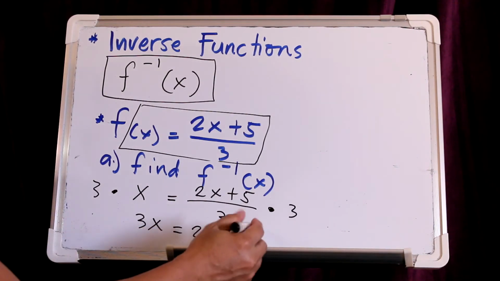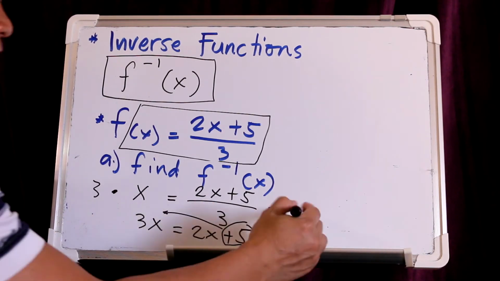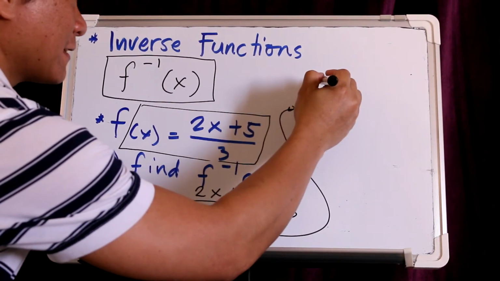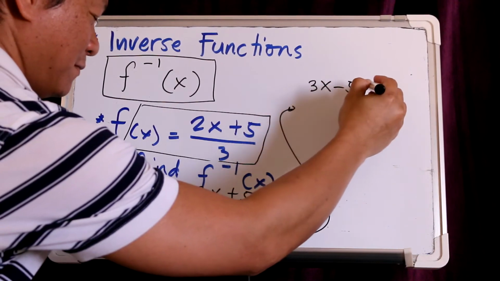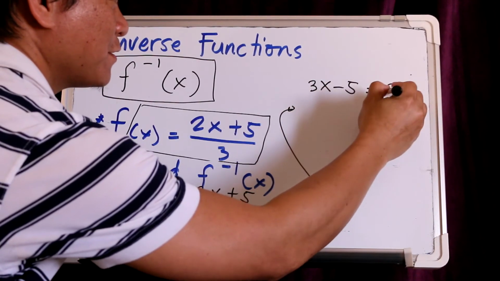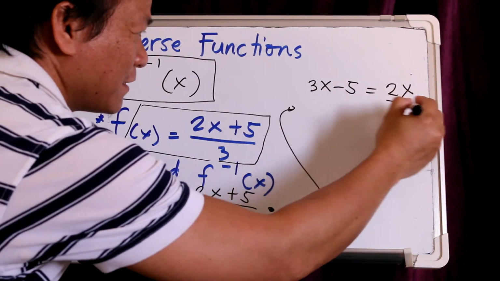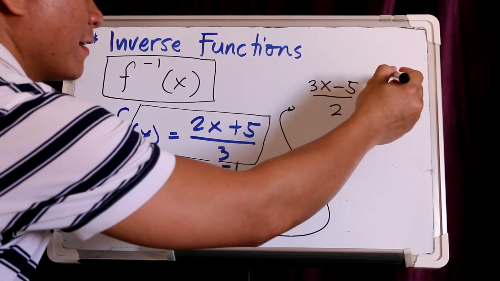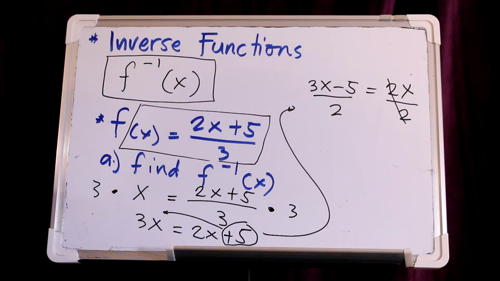And after that, you transfer 5 first to go to the other side. So you will then have 3x minus 5 equals 2x. Alright? And what to do with that? You're going to divide by 2. Divided by 2. Now that x side becomes the output.